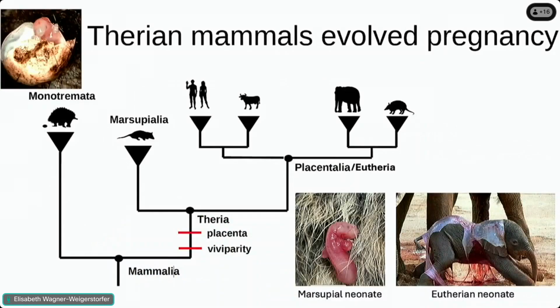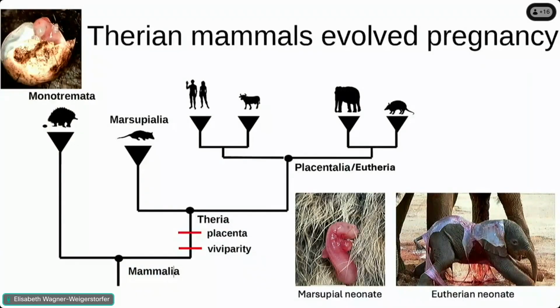Okay, so just to situate us here, mammals have three major groups: the monotremes, or the egg-laying mammals. Then there are the marsupials, kangaroos, wallabies, and so on, but also opossums.